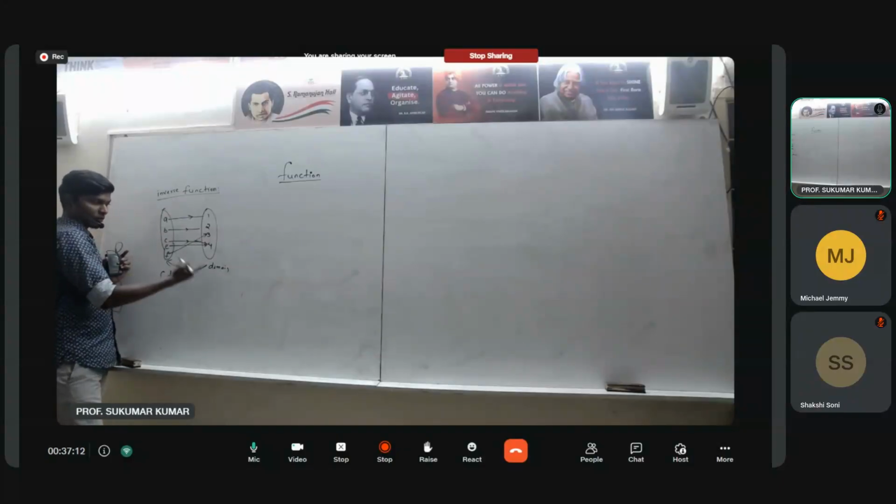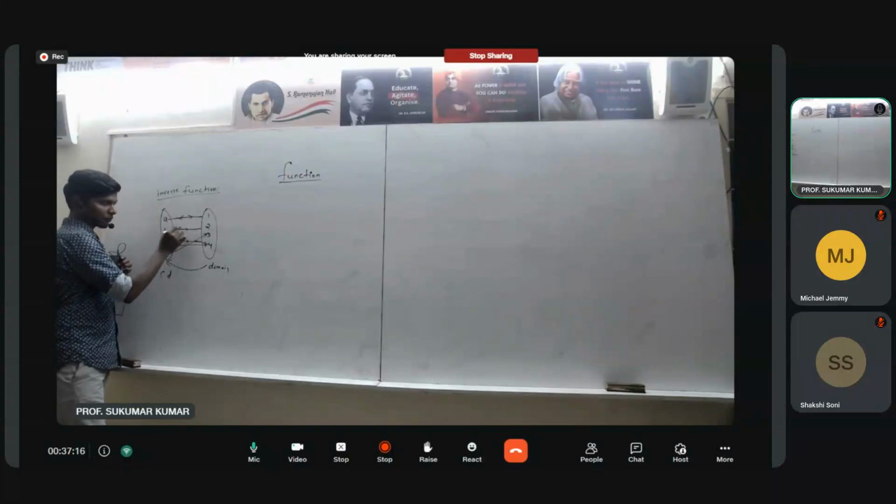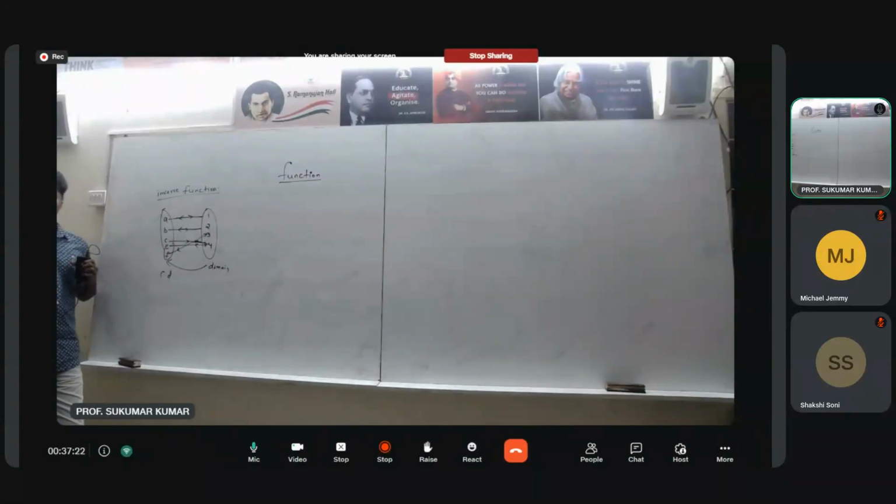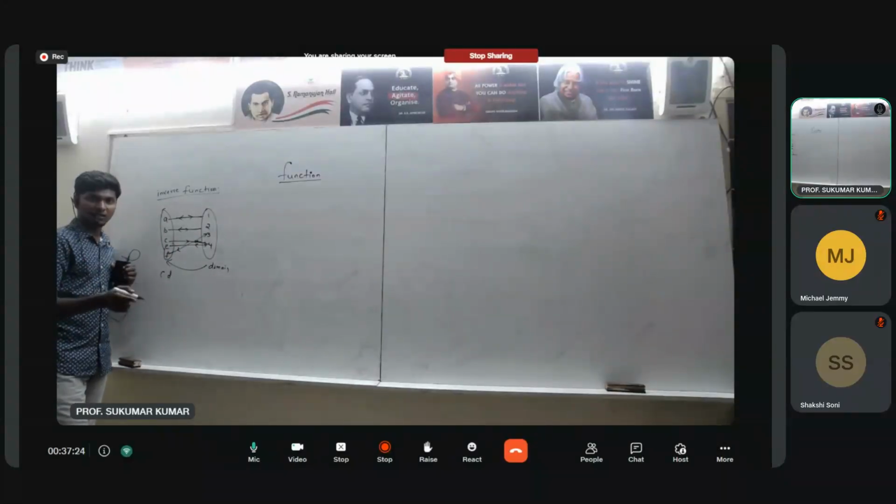If it is the domain, it is mapped to A and B, and this is F. But 4 has two arrows, right? Two arrows, I've told you, is not a function. That is a relation. So we need one-one and onto, right?